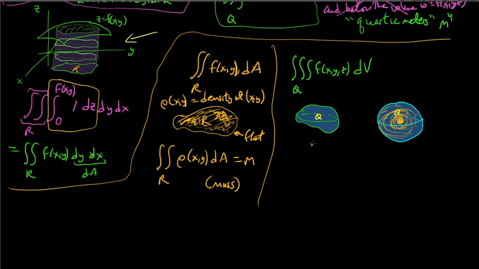So we have some density function, I'll call it rho, as a function of x, y, and z.